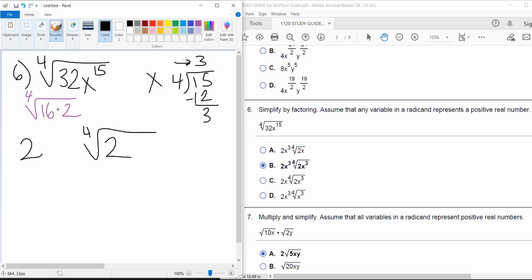The top number tells you the exponent that goes outside the radical. So that would be x cubed. And the remainder tells you the exponent that stays inside your radical. So that would be x cubed as well. So final answer is choice B.